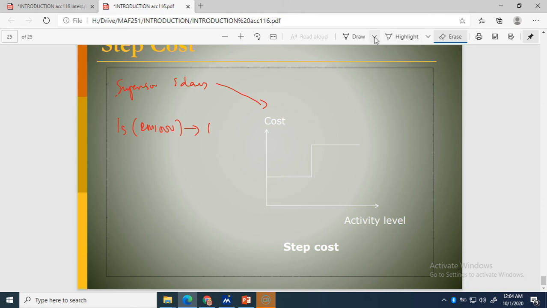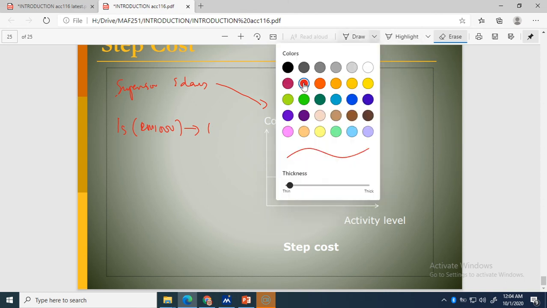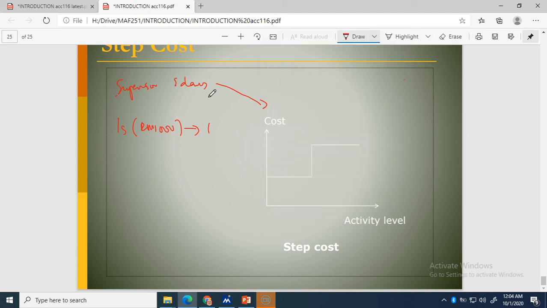One worker can produce 100 units. So for 100 units, you need one supervisor, and the salary that you have to pay is RM 1,000.